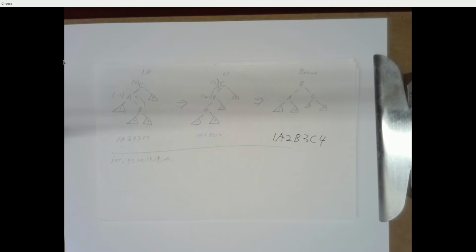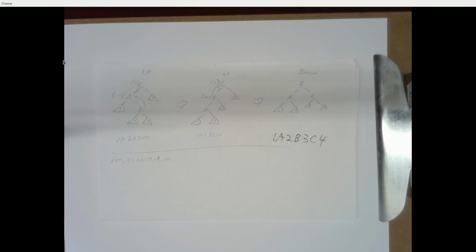And then B will continue to have its subtree on the right, and C will continue to have its subtree. And if you look at the search order here, it's going to again be 1A, 2B, 3, C4. So we haven't broken anything.